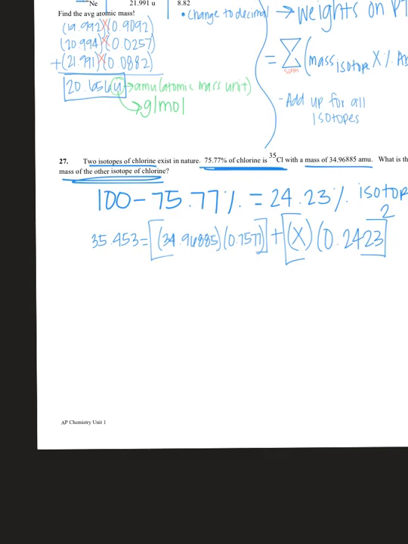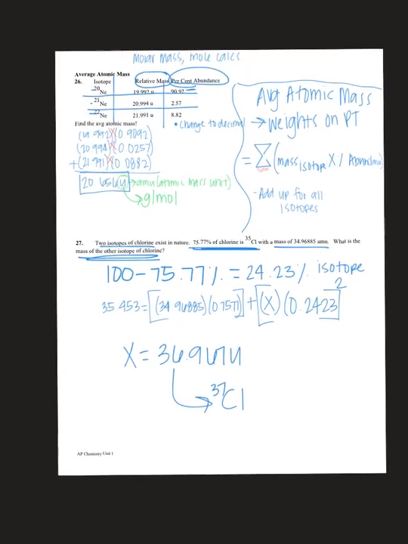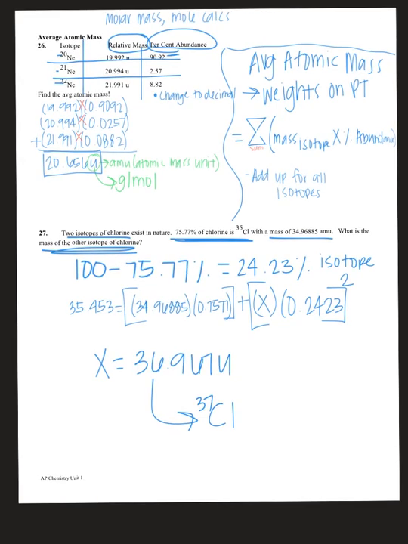And then I have x equals 36.967 u. Okay, so this is the mass of the other isotope, which is, oh gosh, I'm so ugly, 37. Okay, not too terrible. So whenever there's something you don't know, just plug in an x.